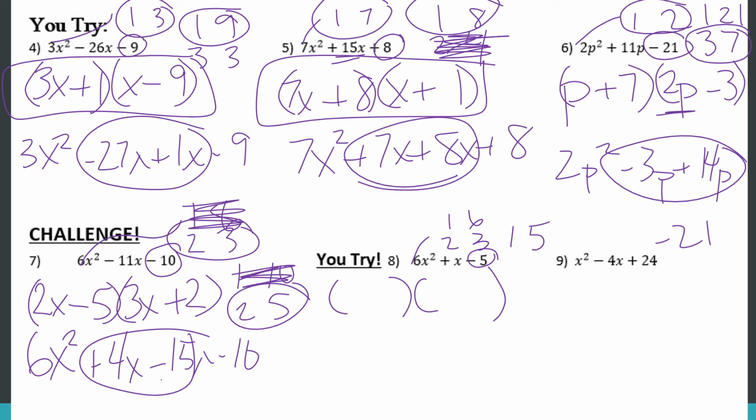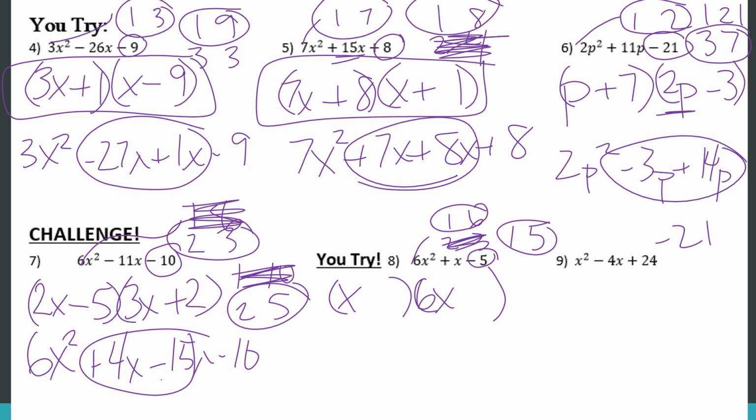Okay, let's see, 2 and 3: 2 times 1 is 2, 3 times 5 is 15, that's not going to give me 1. 2 times 5 is 10, 3 times 1 is 3, that's not going to give me it either. So it is 1 and 6, and of course I have to use 1 and 5. Now I know I'm going to have x and 6x. So the 2 and the 3 didn't work.